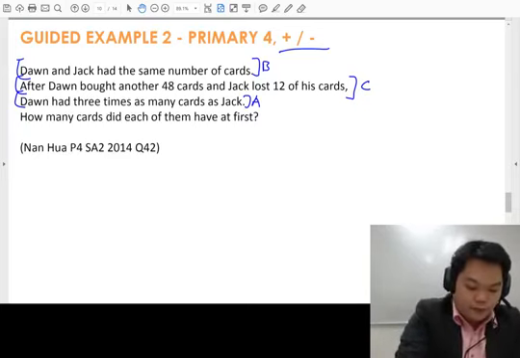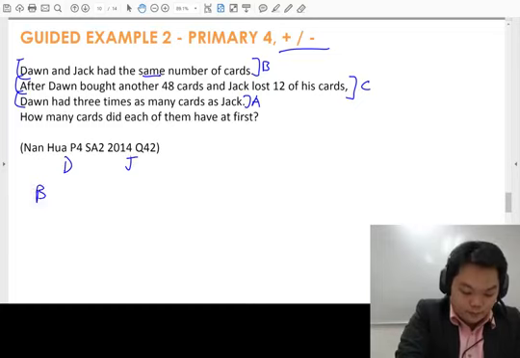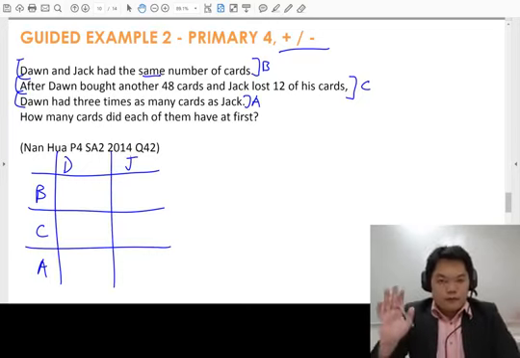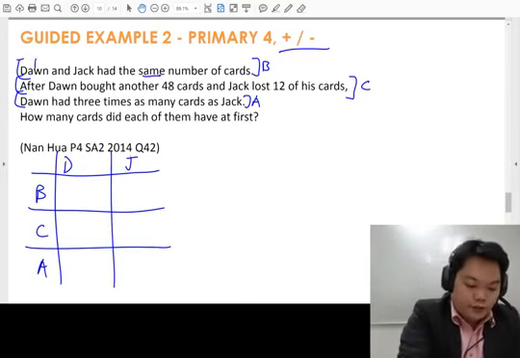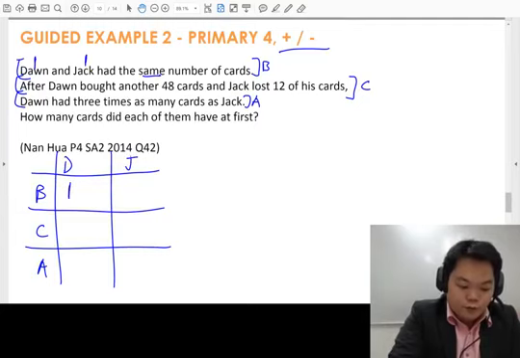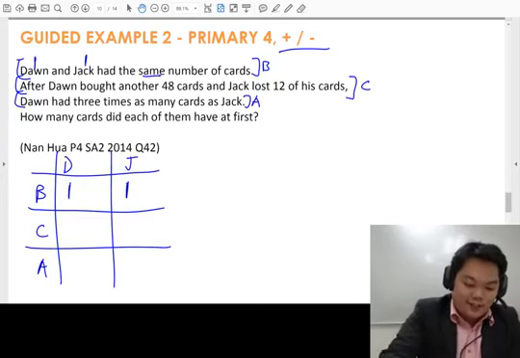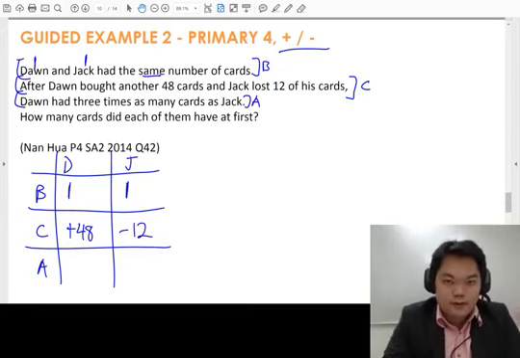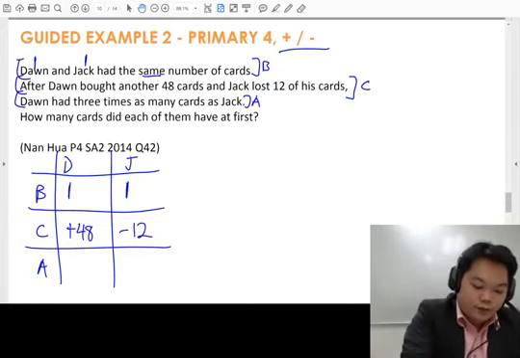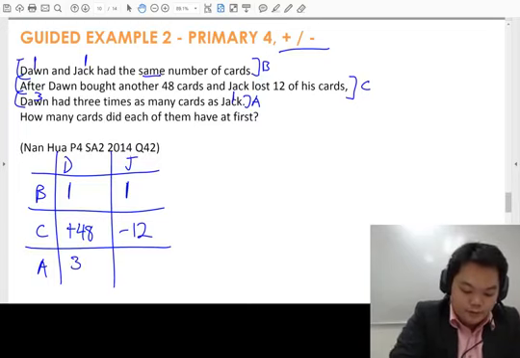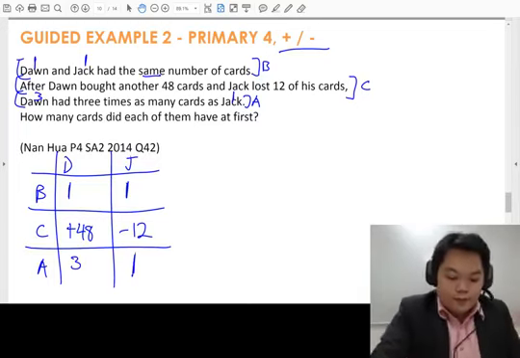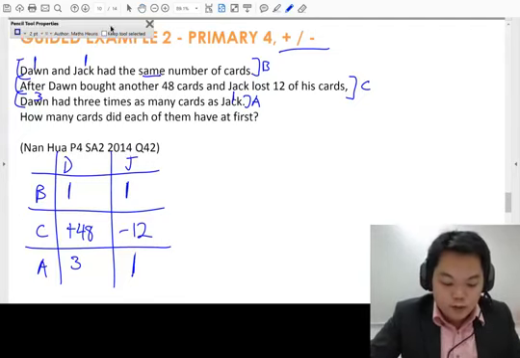Let's draw the BCA table first between Don and Jack. Now they had the same number of cards, which means this would be 1, this would be 1. Don bought another 48 cards and Jack lost 12 of his cards. Don now has 3 times as many as Jack.